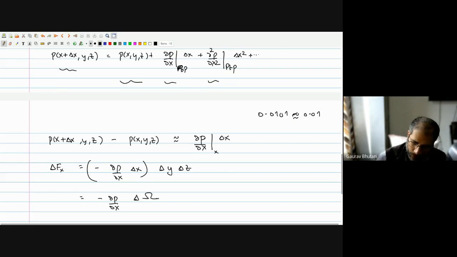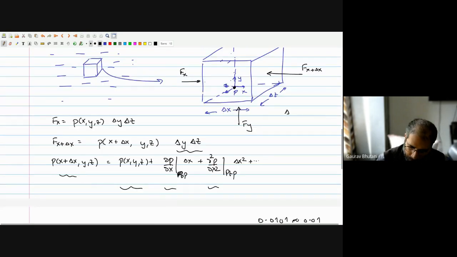This volume of the cuboid I'll call delta omega, that's delta x, delta y, delta z.